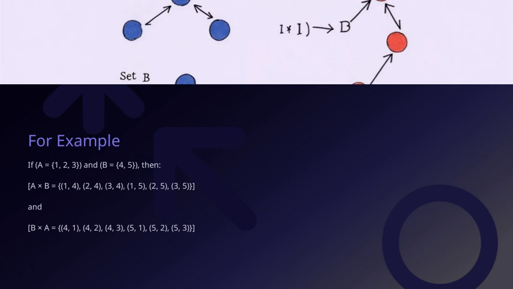It also helps us visualize the structure of all possible pairings, which is essential in many areas of mathematics and computer science. So, in essence, these examples illustrate the core idea of Cartesian products: creating ordered pairs by systematically pairing elements from two sets, with the order in the pair reflecting the order of the sets in the product.